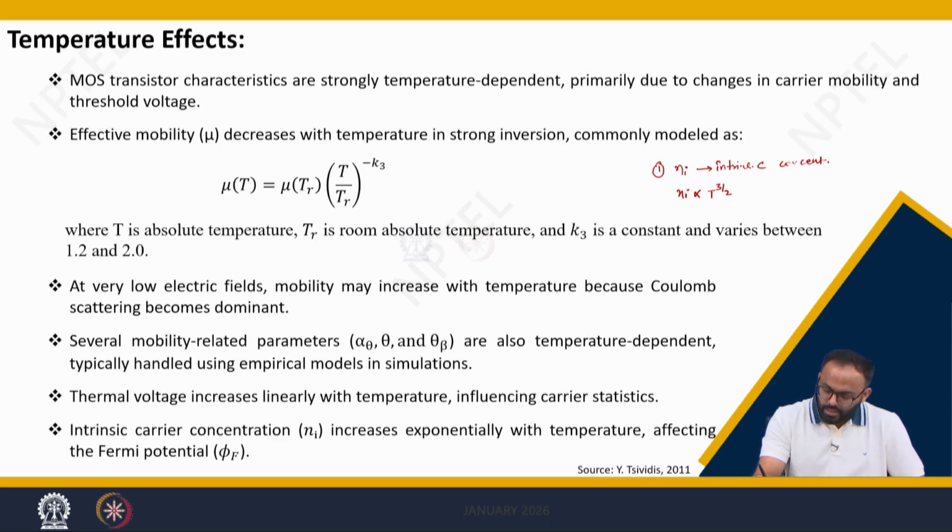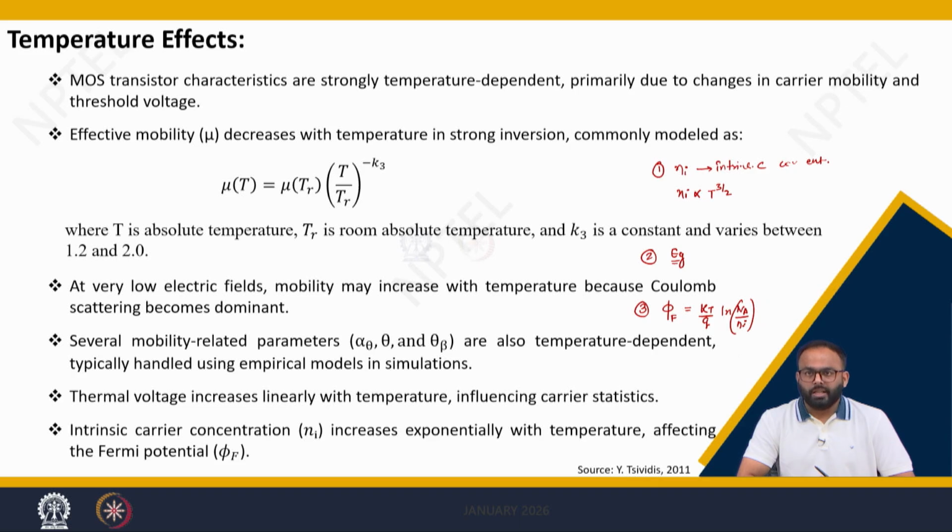The second is the band gap, Eg. Eg is also dependent on temperature, right. With Varshni's rule, we can find out how the temperature influences the band gap. Third is the Fermi potential, phi f, which is given by kT divided by q log of Na by ni. This is also dependent on temperature, meaning the temperature is actually changing the basic property of the semiconductor, and hence it is a very important parameter you need to take care of while modeling or simulating a particular device.